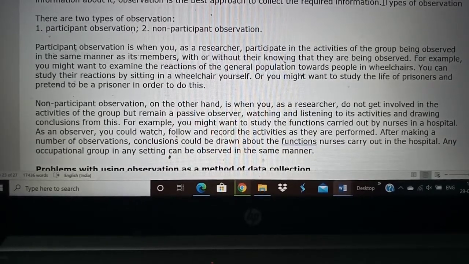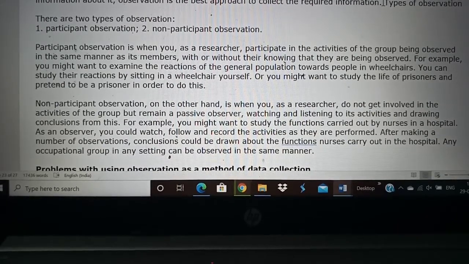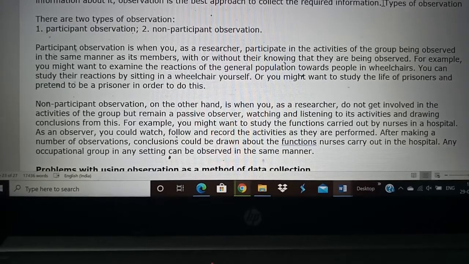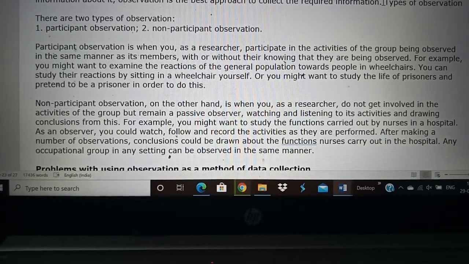Okay, so the one example that I have given here is, if you want to find out the reaction of the general population to people in wheelchairs, you are part of the general population, and then you can observe each person's reaction when somebody in a wheelchair is going.